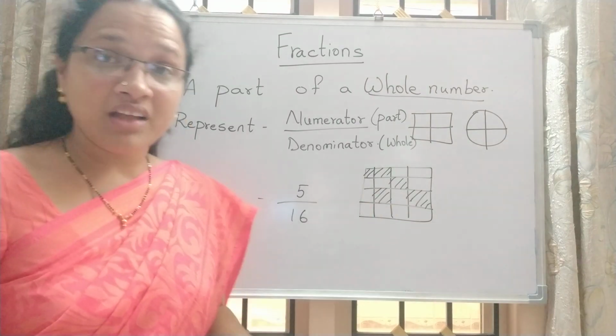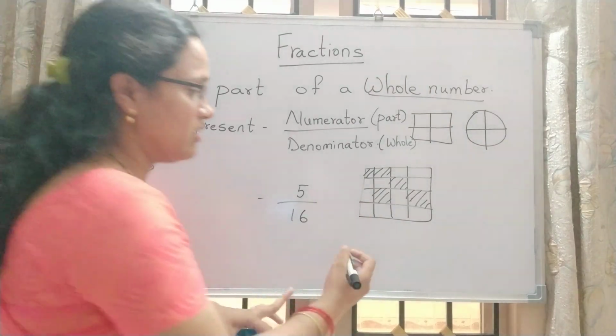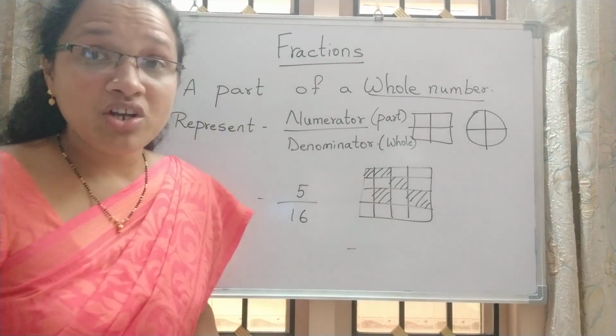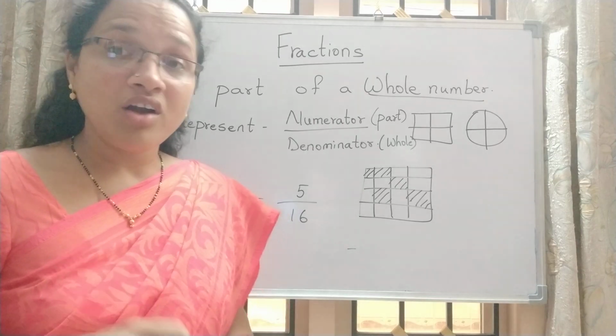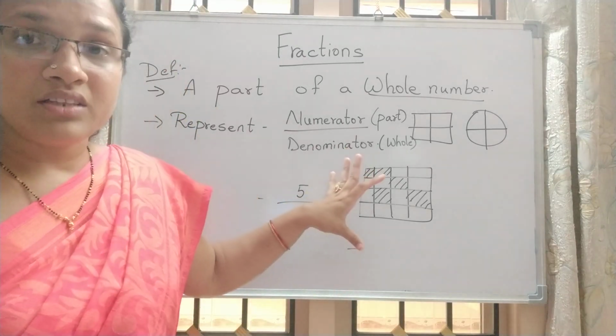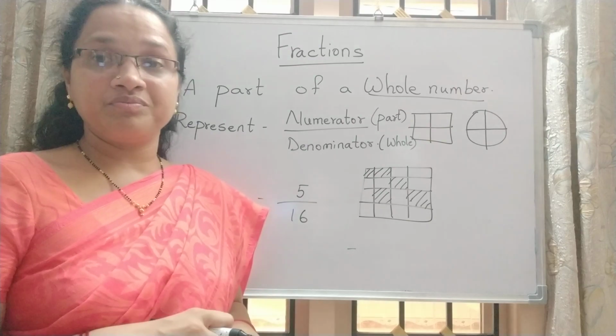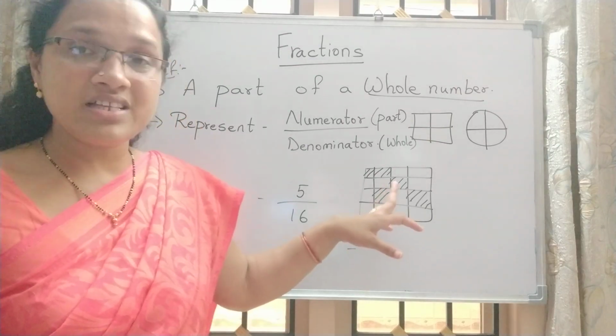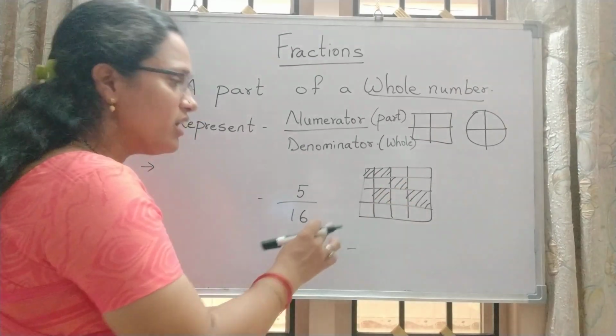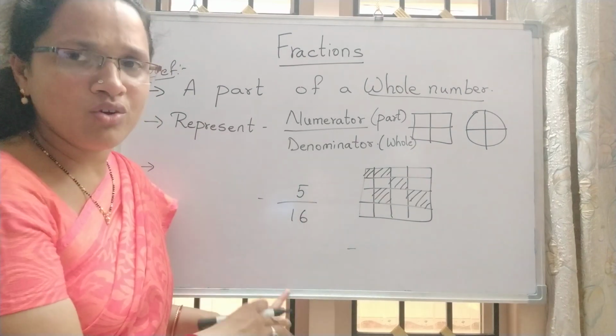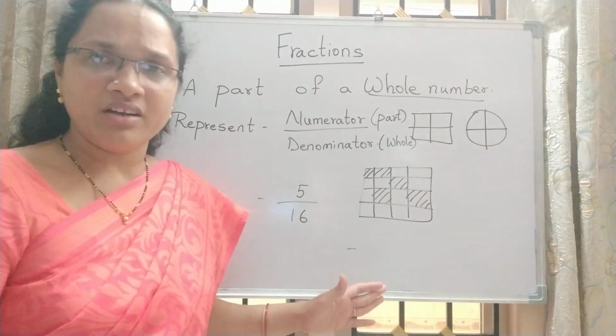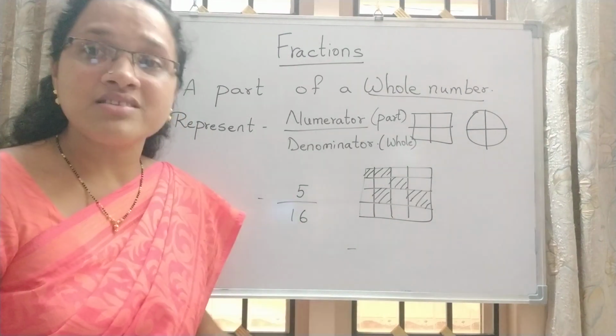Can you tell me another question on this same figure? What fraction of the thing is unshaded? Unshaded means which are not shaded. The total number doesn't vary, yes or no? Whether it is shaded or not, the number of equal parts remains the same.